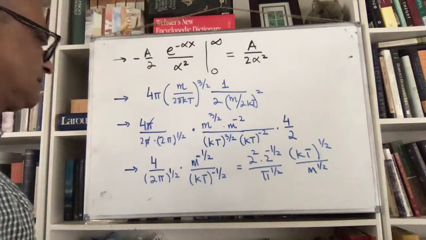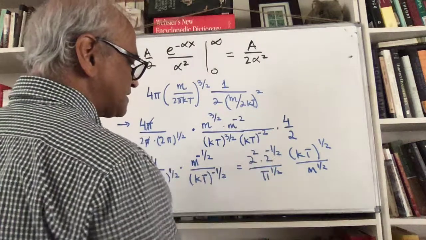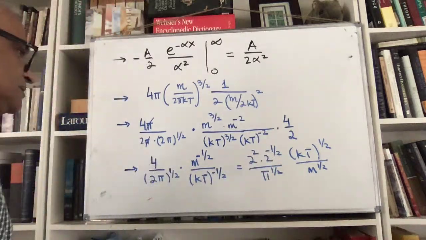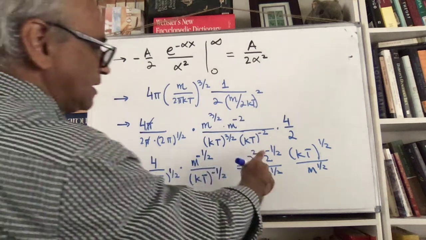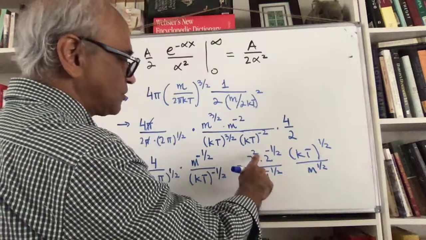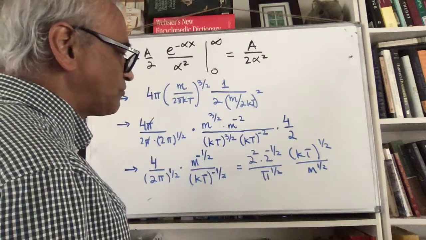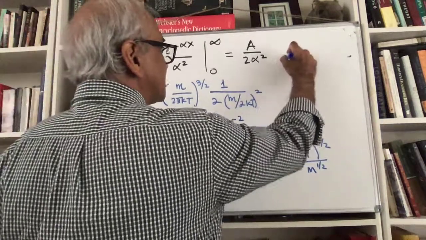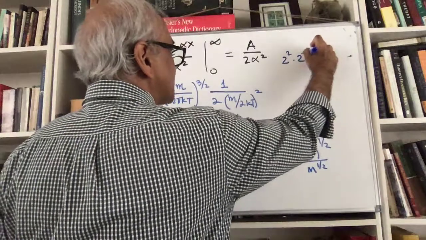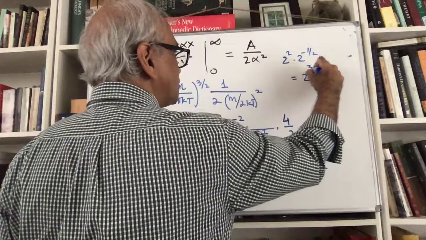The kt is okay, and then 2 times 2 to the power minus half is 2 to the power 3 over 2.